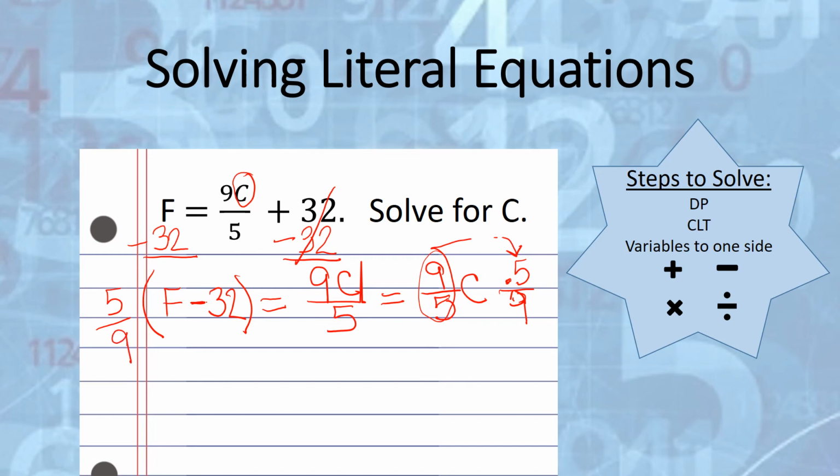So one way of writing this is 5/9 times F minus 32 equals C. And what that tells us is if we don't know what the temperature is in Celsius, then we can find it based on what the temperature is in Fahrenheit.